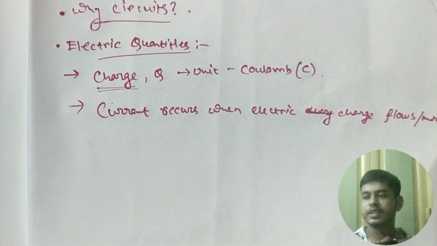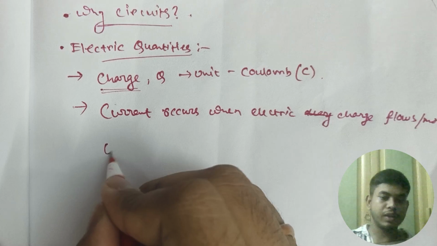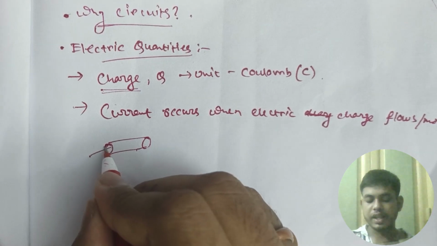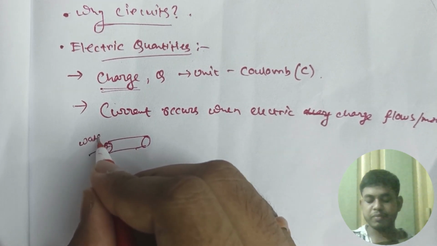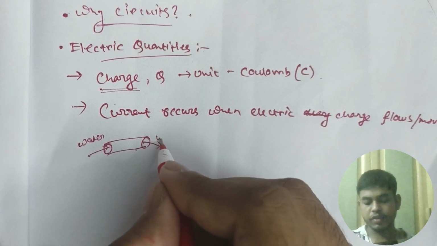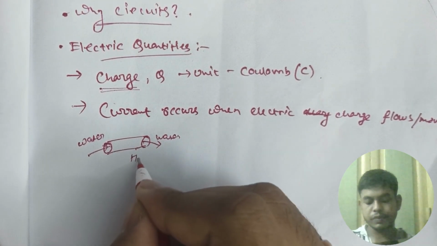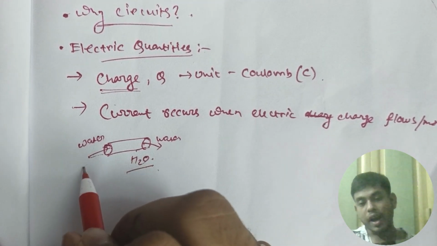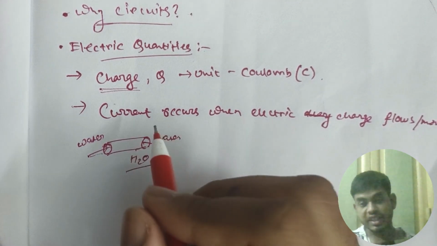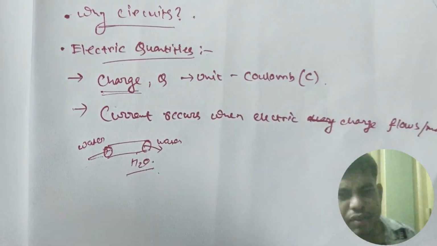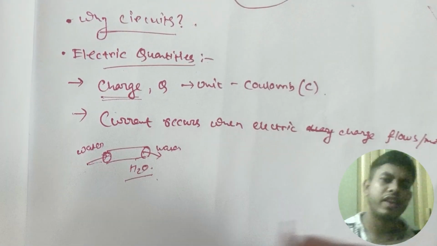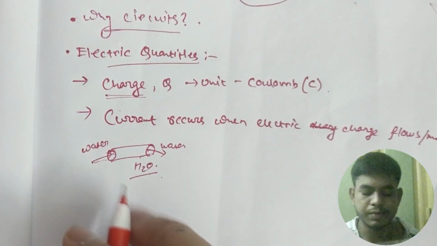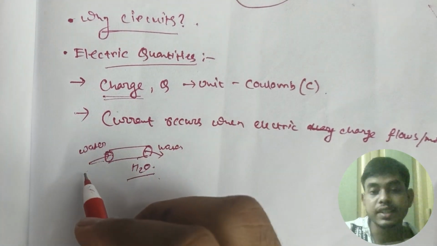So, let's suppose here is a water pipe. Water is flowing from here, getting out from here. So what do we say? A water current, like a river current. We have studied in geography in maybe class 6, 7 or 8, a river current flowing down the hill. So like that.